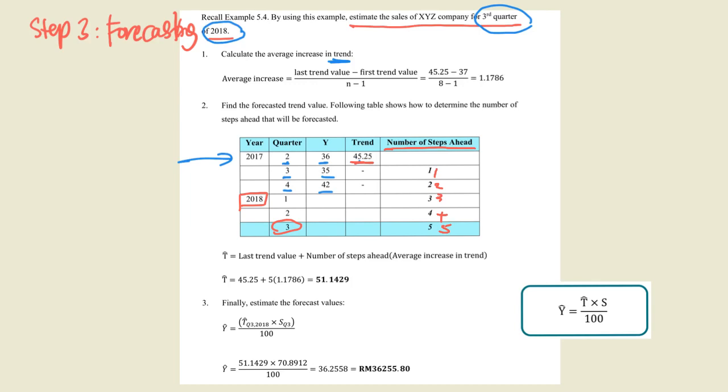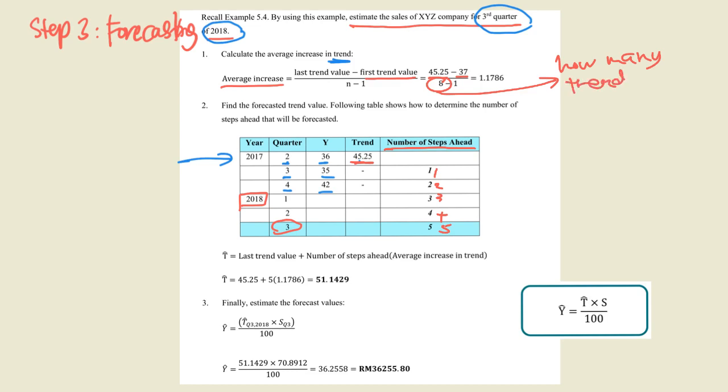Okay, so first you calculate the average increase. You check with the first table. The last trend that you have is 45.25, and the first trend value that you have is 37, and then you need to divide by how many trend values you have.